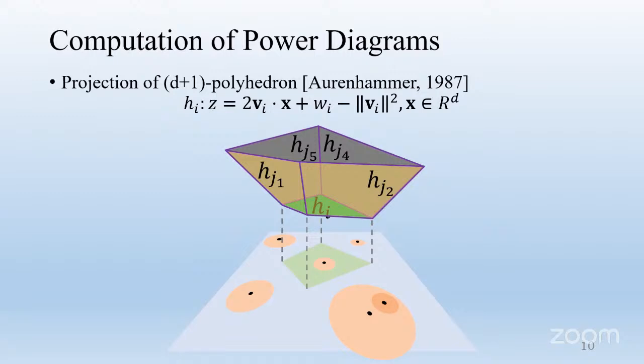Its faces projected back to the original space are the power cells of the given weighted seeds. So he introduced an algorithm to construct a convex hull in a higher dimensional space to produce power diagram results. But this method is too complex to use in practice.